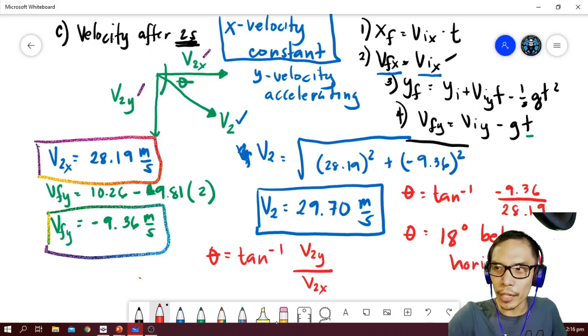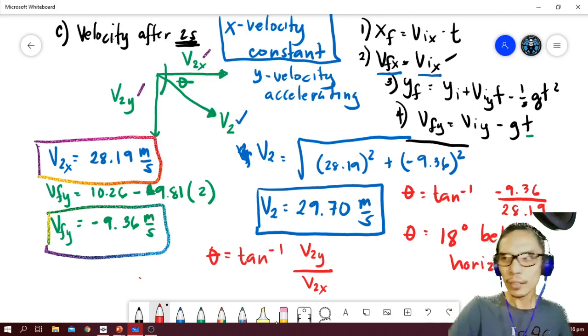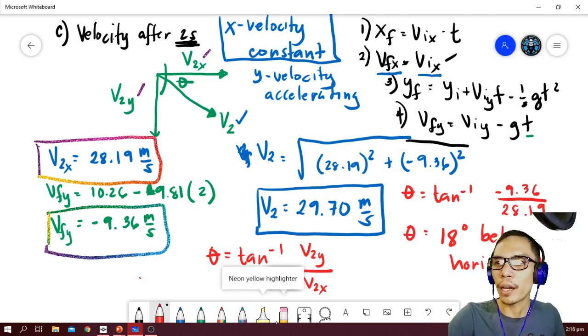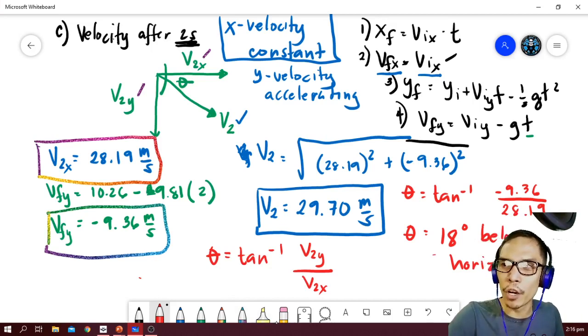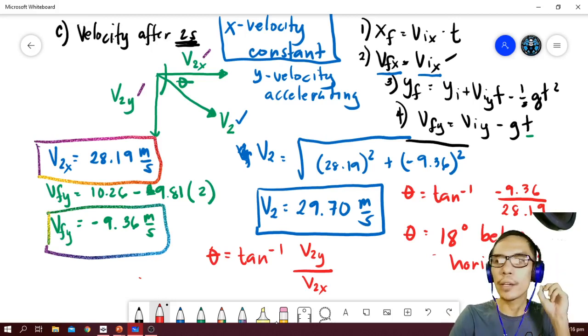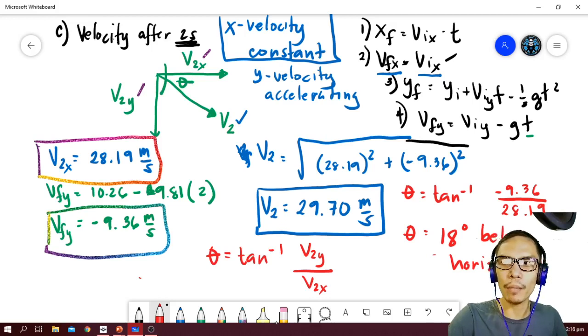Or you can put the negative there if you want to. But in order to make our statement more satisfying, the answer is 18 degrees below horizontal is the direction of the projectile after 2 seconds, with the velocity of 29.70 meters per second.